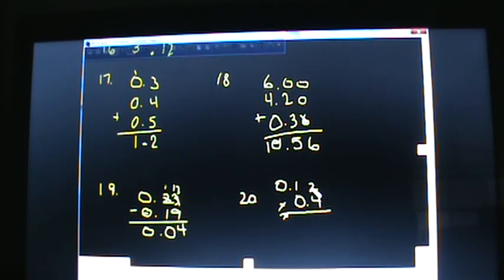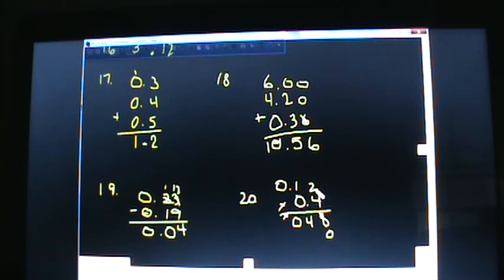Okay, 4 times 2 is 8. 4 times 1 is 4. 4 times 0 is 0. Remember, I don't worry about the decimals right now. Okay, I'm going to put a 0 underneath the 4 because I'm done with the 4.